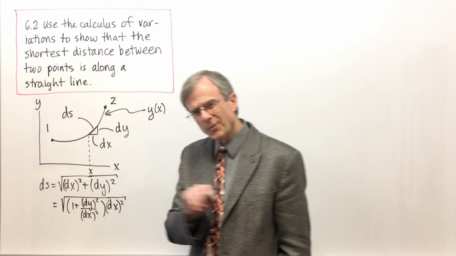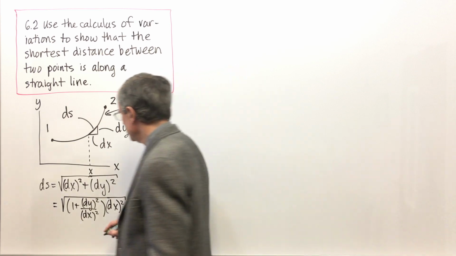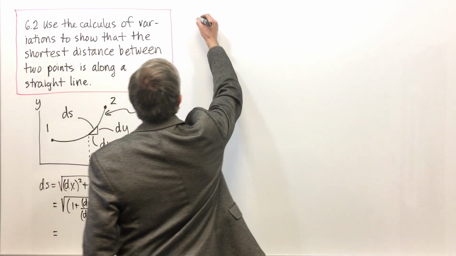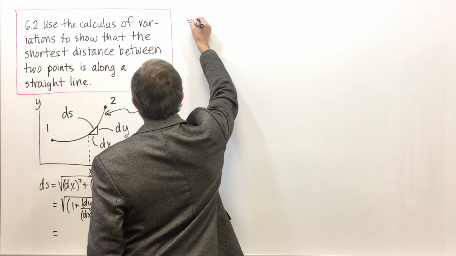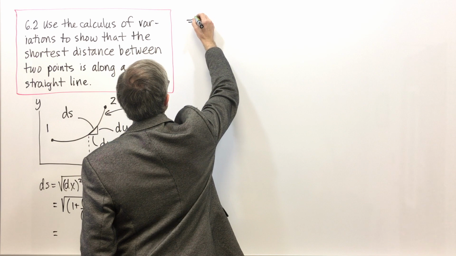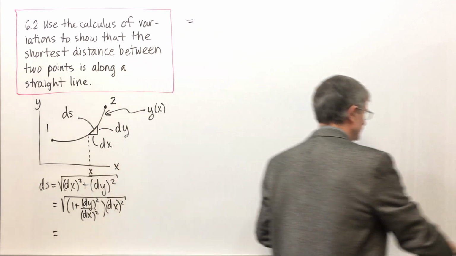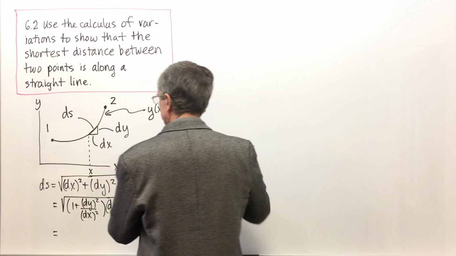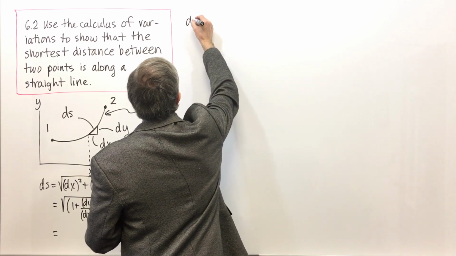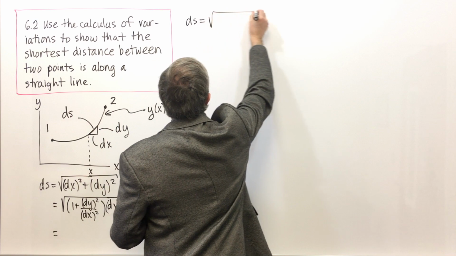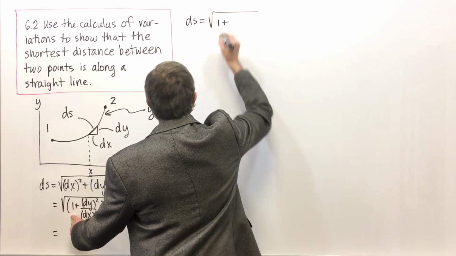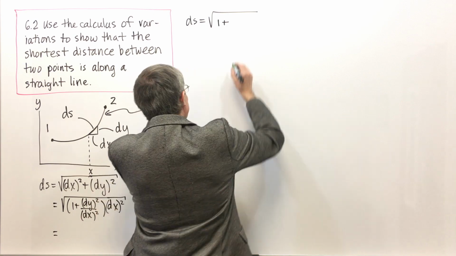Well, y is a function of x. So this is just one plus dy dx quantity squared.